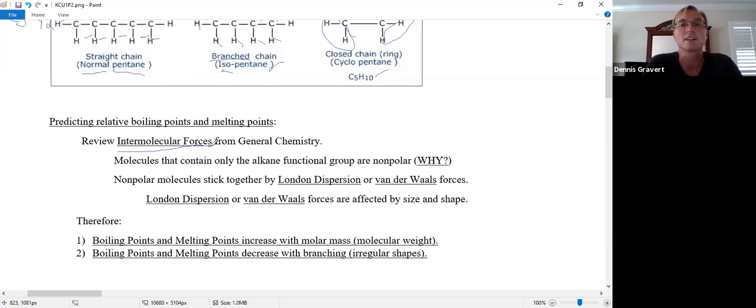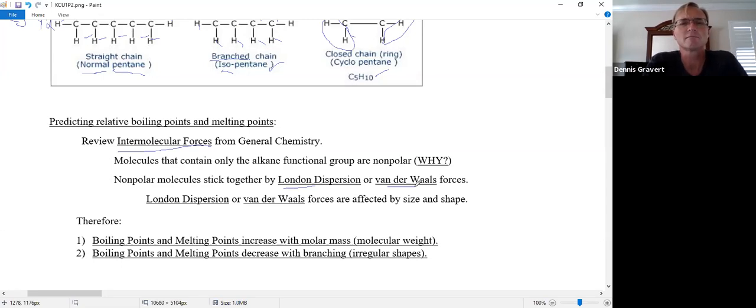So hydrogen bonding, you gotta have that OH or NH or FH bond in it. Dipole, the molecules have to be polar, meaning that there are atoms present that are more electronegative than the other atoms. And then finally, if you don't have any of that, it's completely nonpolar, then you have the weakest force, London dispersion and van der Waals forces. It goes by 2 names. Either name works for my class.